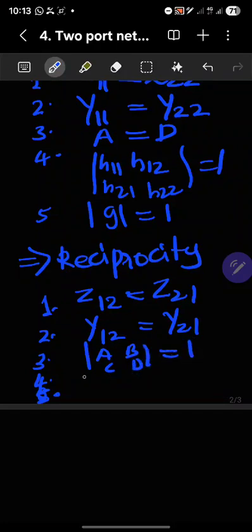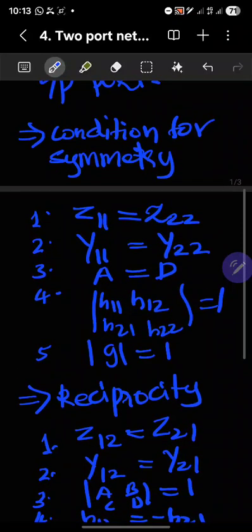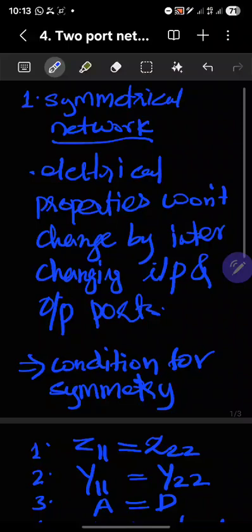With respect to H parameters, H12 should be equal to minus H21. And with respect to G parameters, G12 should be equal to minus G21. These are the conditions for reciprocity. So we defined the conditions for reciprocal network and symmetrical network here.